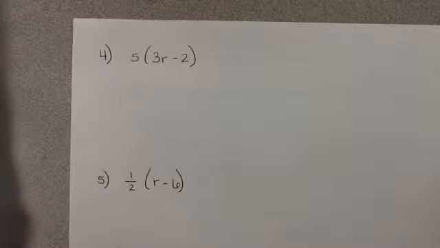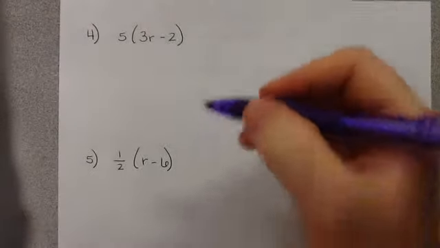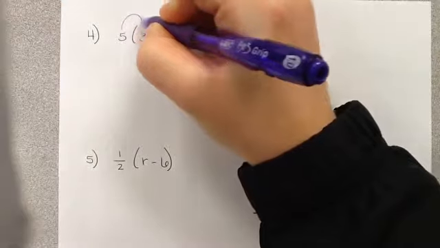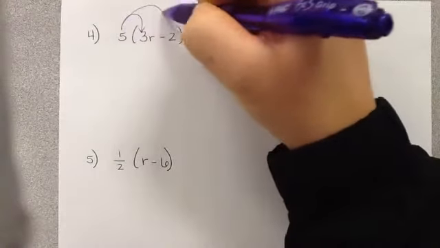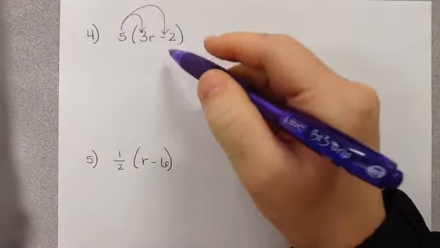Try this next one on your own. Let's see how you did. What did you do first? 5 times 3r, and what next? 5 times a minus 2. Make sure you get both of those.